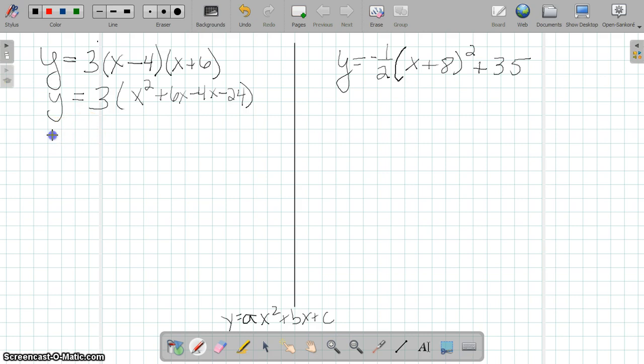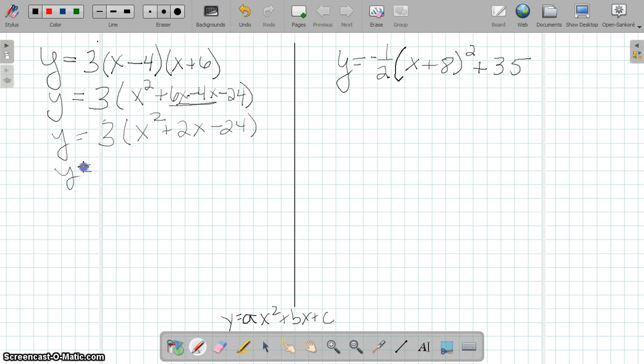Alright, now you can distribute your 3. Oh, actually, wait. Let's not distribute that 3 quite yet. My bad. We have to combine our inners and outers first. That will make it a little bit easier. So we've got 3 times x squared plus 6x minus 4x, which is a plus 2x, minus 24.